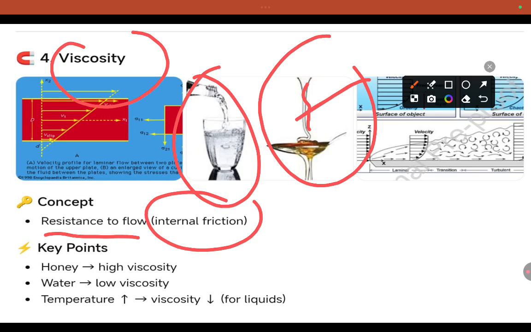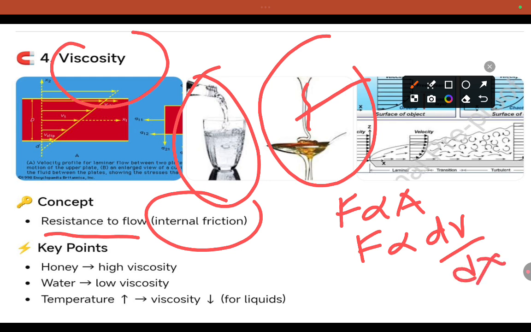Viscous force depends on area and on the velocity gradient. After simplifying, you get F is proportional to A dV by dx.